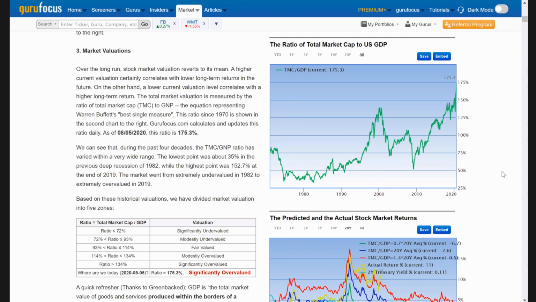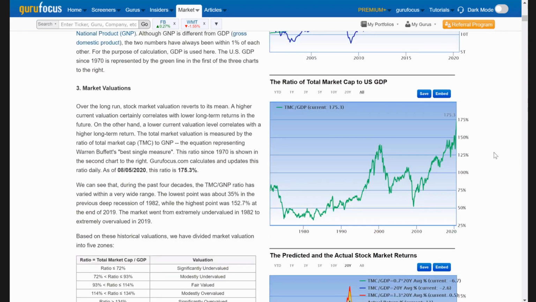Many of them didn't even have revenue. But this time, it's really different. This time, the largest tech companies like Amazon, Google, Microsoft, and Netflix all have very good earnings and very good growth. So it seems like the valuation is much more justified this time than the previous time.